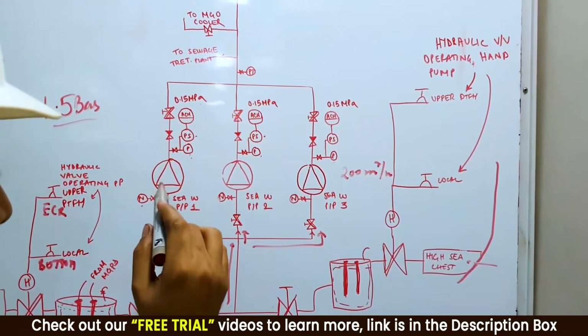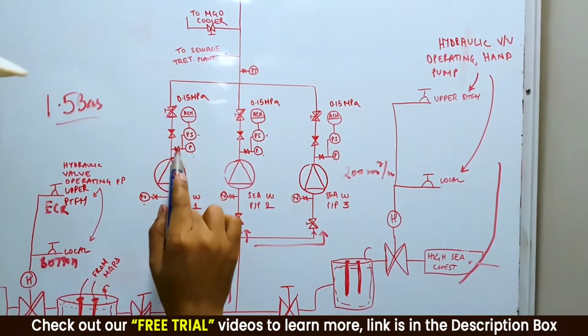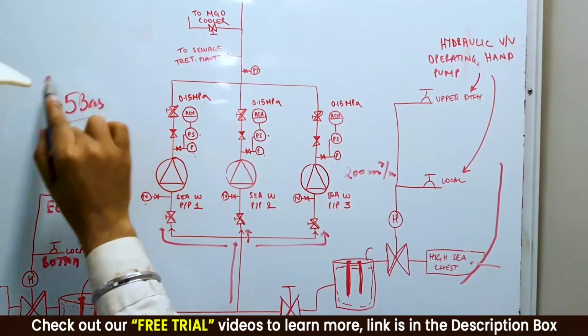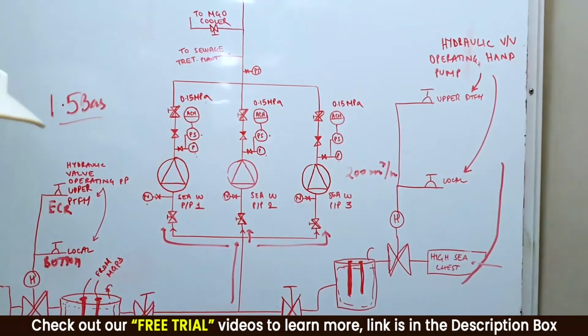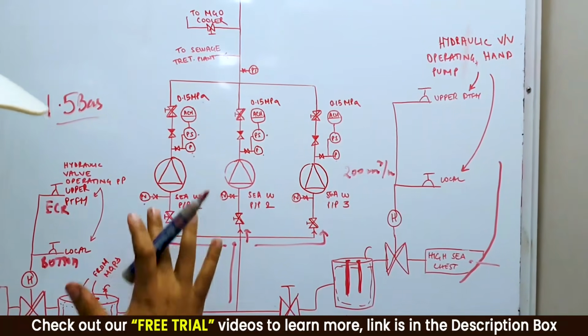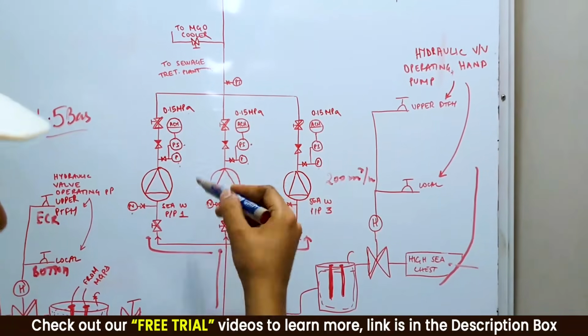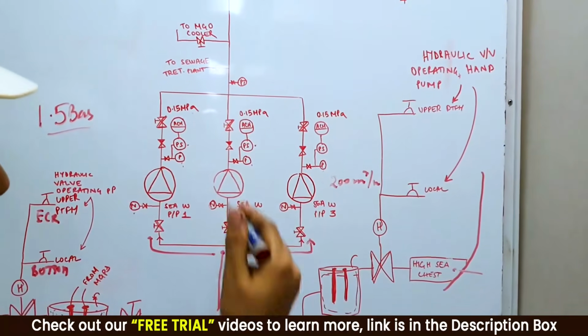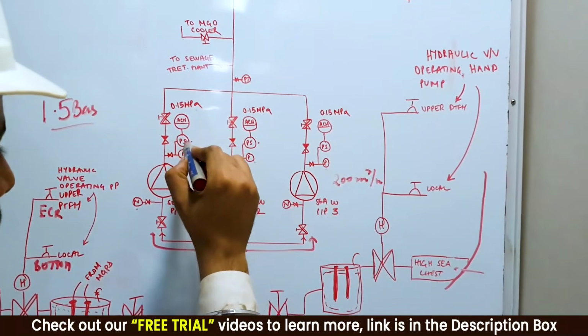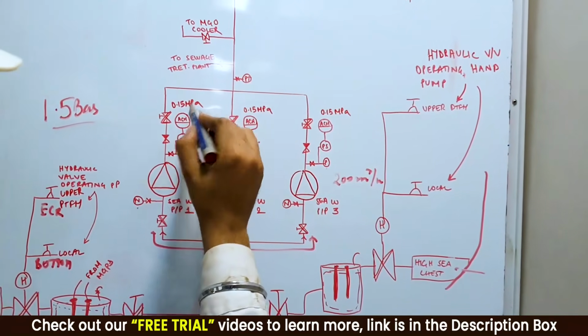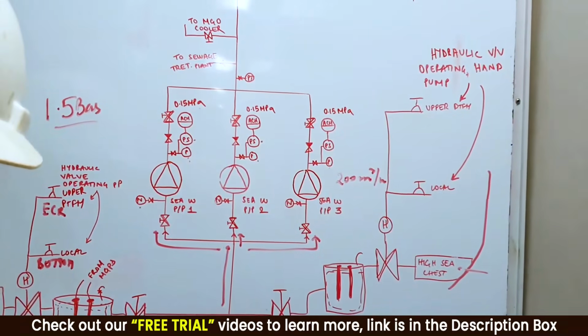It says that in case this seawater pump is running, and this pressure switch senses that pressure has dropped to below 1.5 bar, by chance, due to some reason, maybe this pump has lost suction, maybe this pump has stopped or something has gone wrong, then automatically the standby pump will start. So this pressure switch will give a signal to the alarm control system, right?